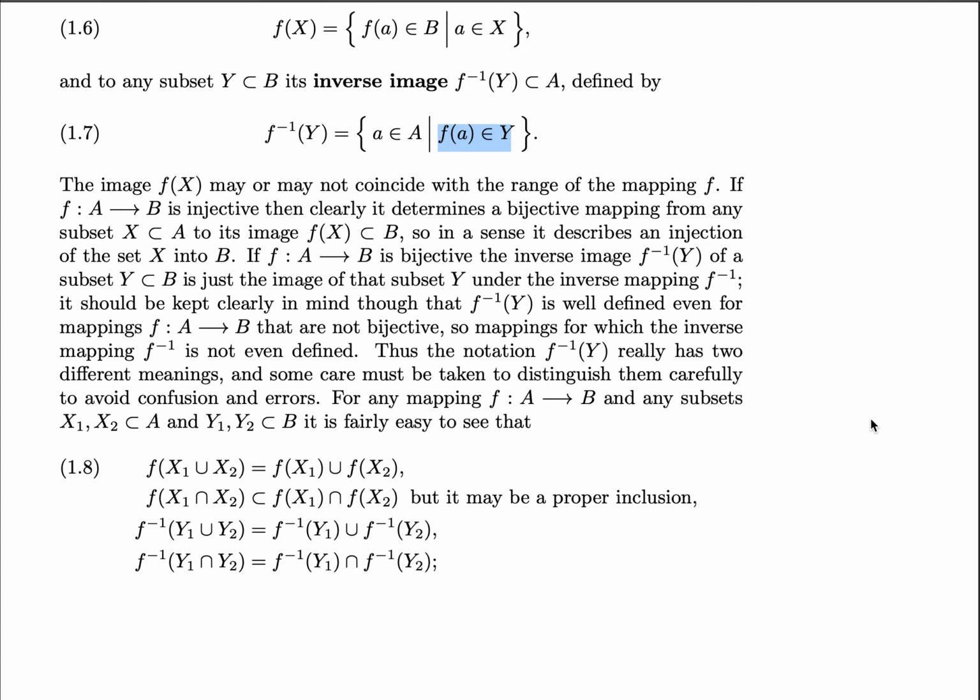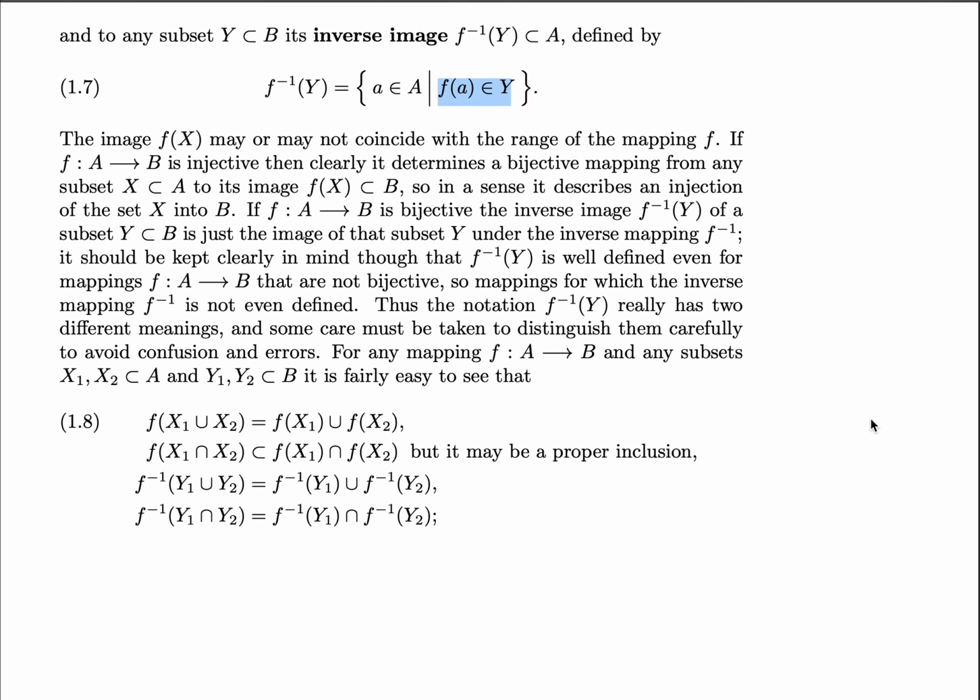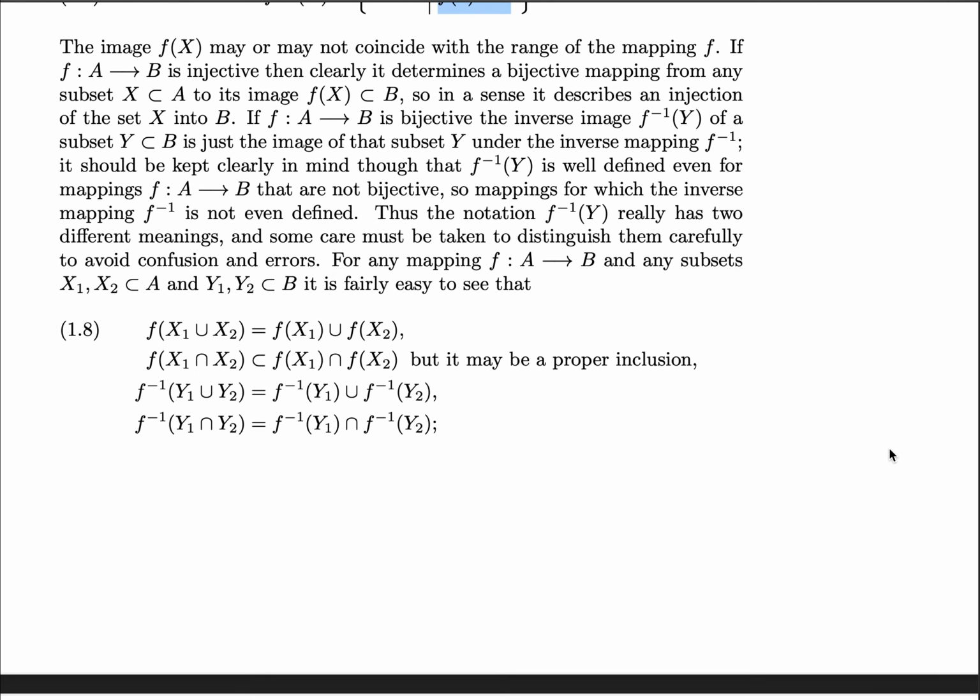And from all of this, we see that there are some rules that images and pre-images follow, such that for any mapping f from A to B, and any subsets X1, X2 of the domain, and Y1 and Y2 of the codomain, the image of a union is a union of images. The image of an intersection is a subset of the intersection of images, but this inclusion in particular could be proper.